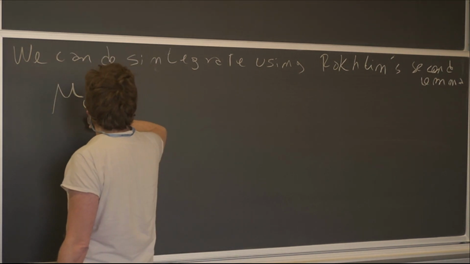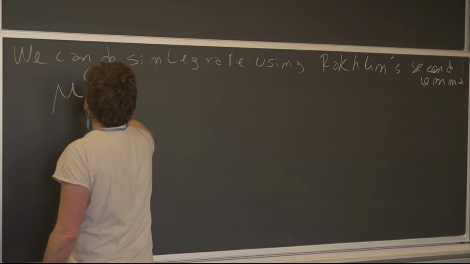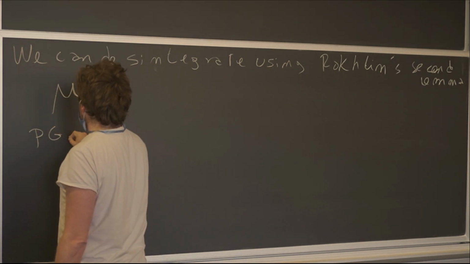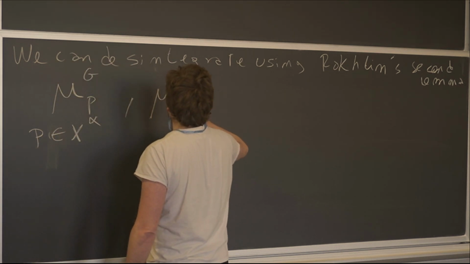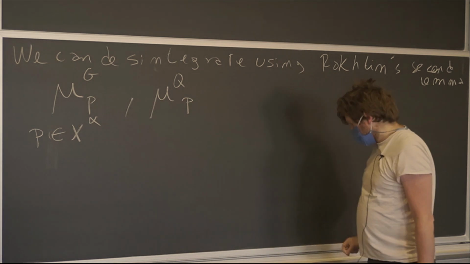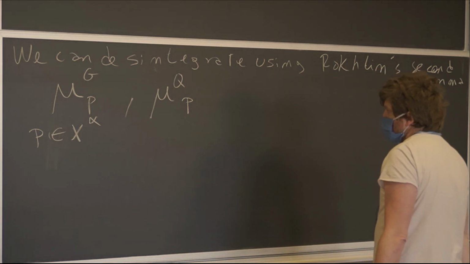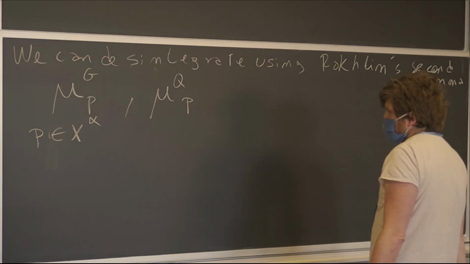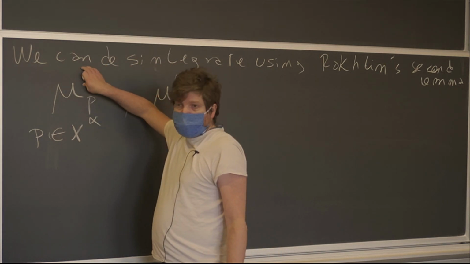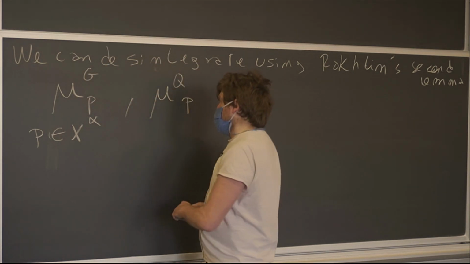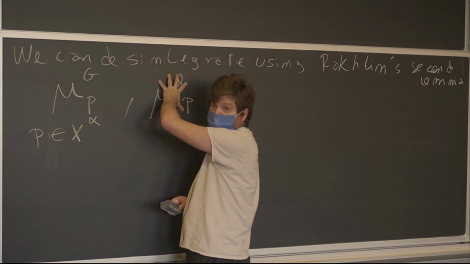So mu G P, and also I can do this disintegration. Now the partition into Q orbits further refines the partition into G orbits, which means that this measure itself is disintegrated by these measures.